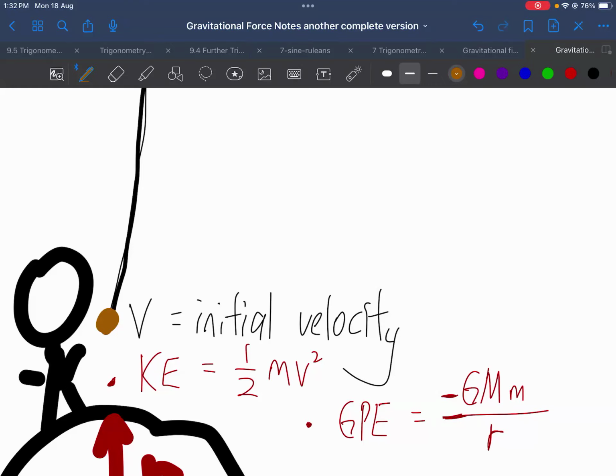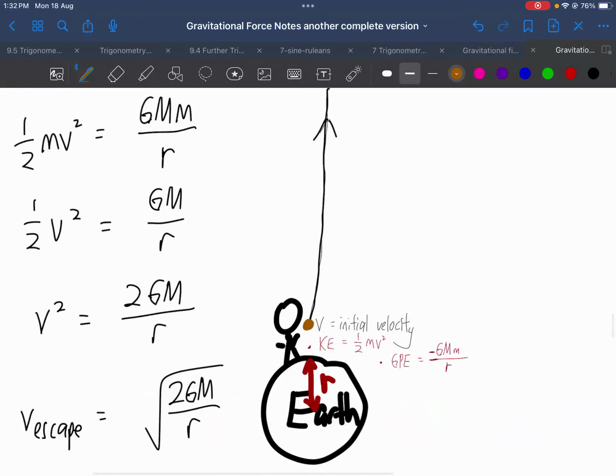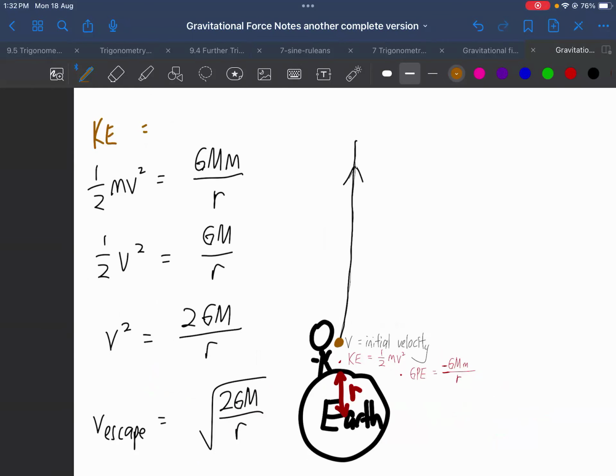Then what is the minimum speed you are going to throw this object so that it can say goodbye to the Earth forever? Then you have to use this. Your kinetic energy must overcome the gravitational potential energy of the object so that the object can escape forever.